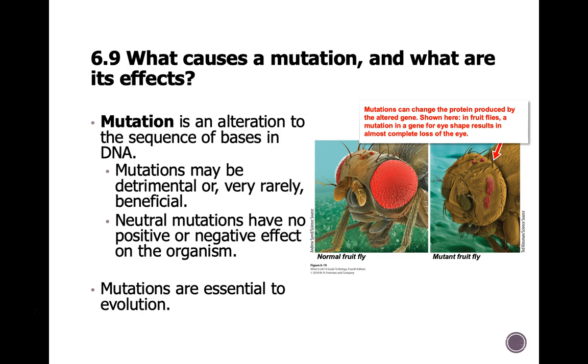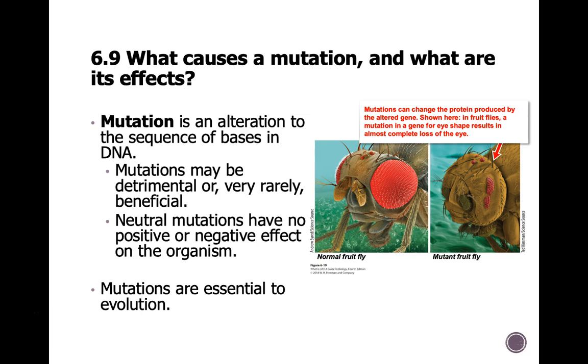But no matter if they're good or bad, mutations are essential to evolution. They are the only source of new genetic information in an organism. And so they are one of the key ways that evolution can act on a DNA sequence. So when a change occurs in a coding sequence, you end up with a different protein. Sometimes you end up with no protein at all or a dysfunctional protein.